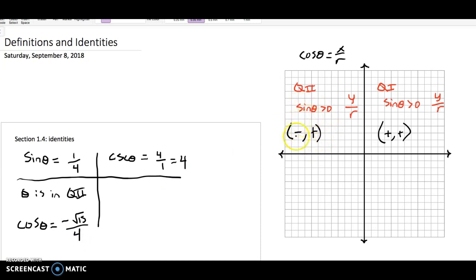So that would correspond with this information over here that if x is negative, then cosine of theta has to be negative because it's x over r. So I would have a negative for my answer because it's negative x. Does that make sense?